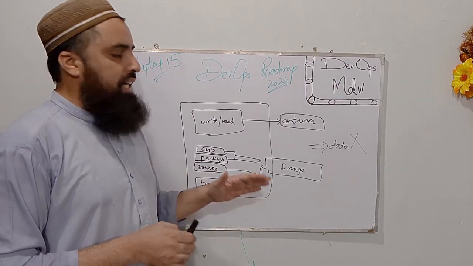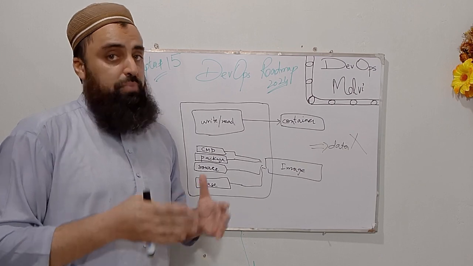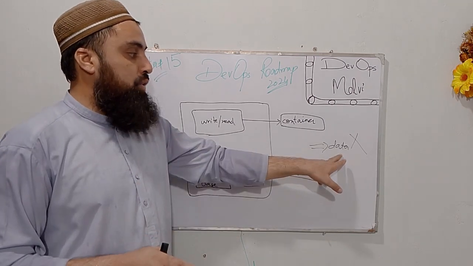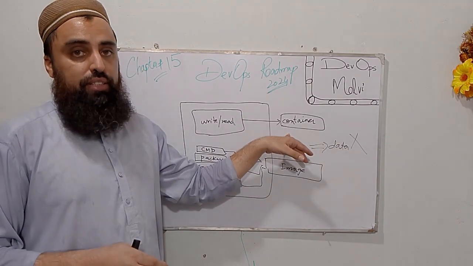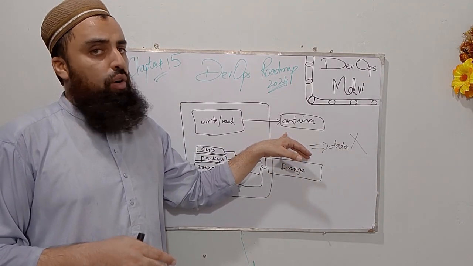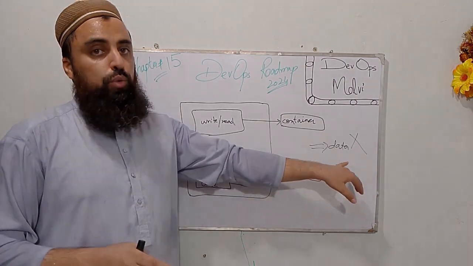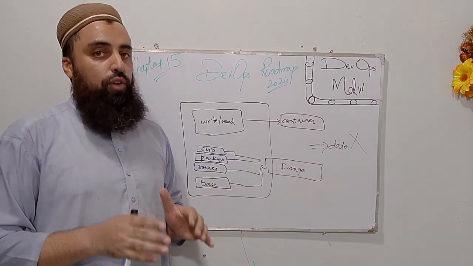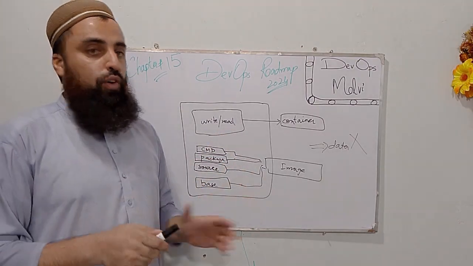Now, for instance, I have a database application and I'm running a database container. I want to keep this data whether my container is stopped, removed, crashed, or failed. I don't want to lose my data at any cost. What would be the solution? The solution is a Docker volume.